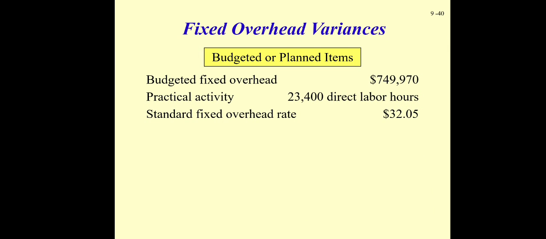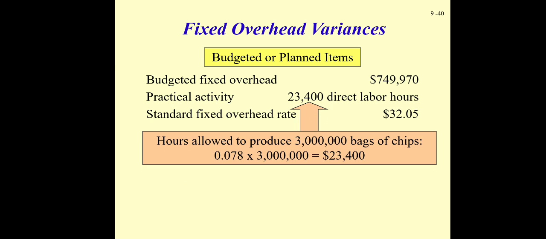Okay, now this is the next thing, fixed overhead variance. So these are the data. First, the budgeted fixed overhead is 749,970. Practical activity 23,400 direct labor hours, standard fixed overhead rate $32.05.